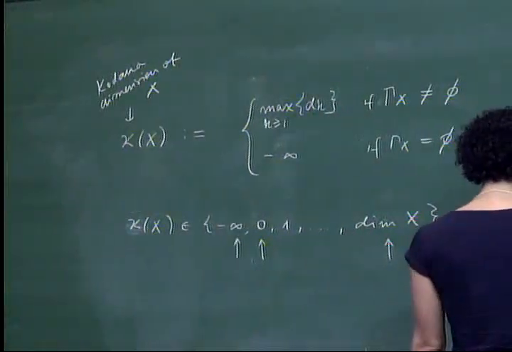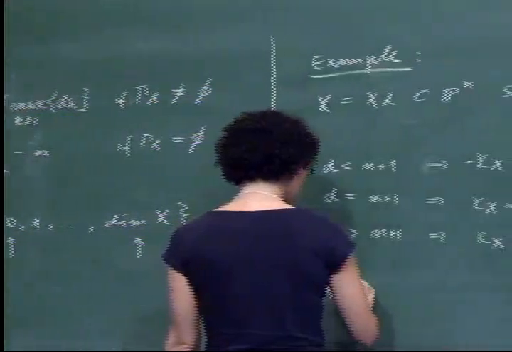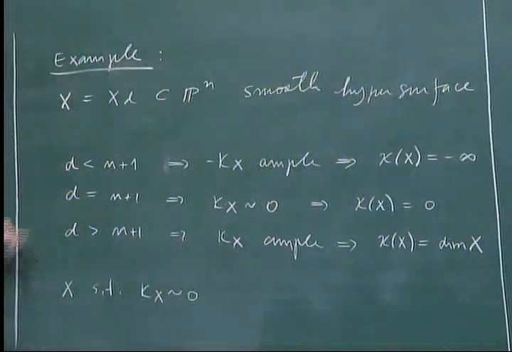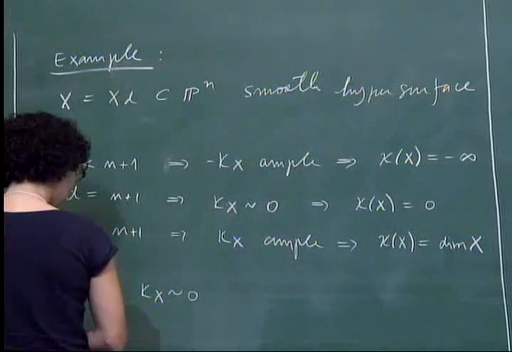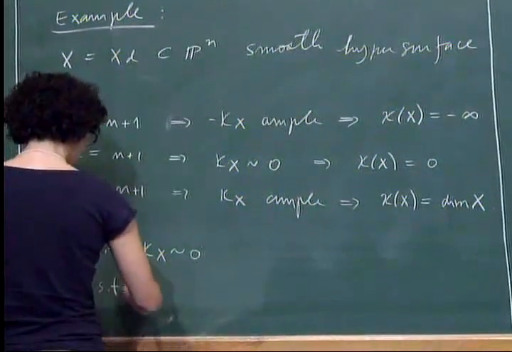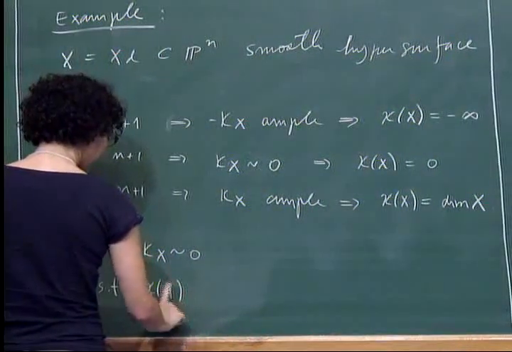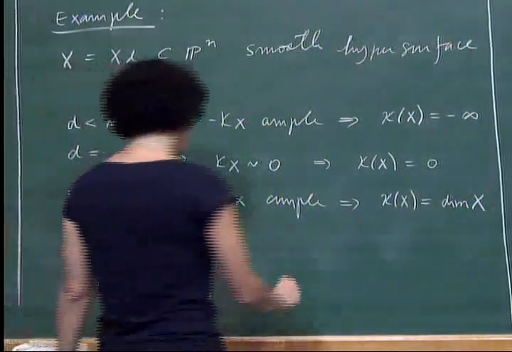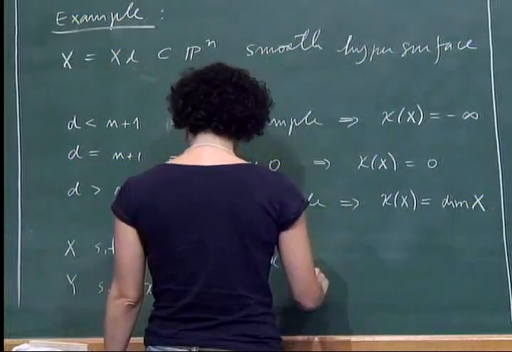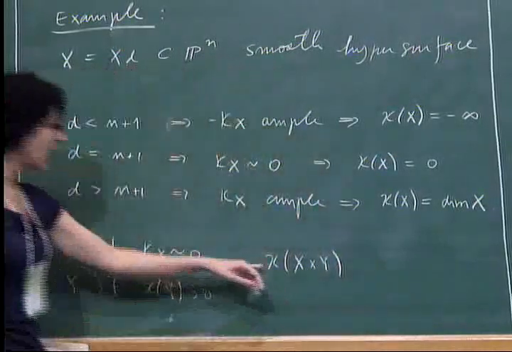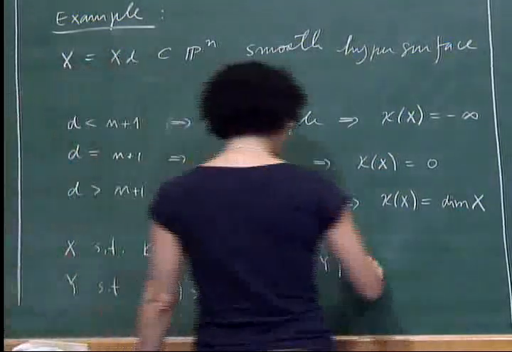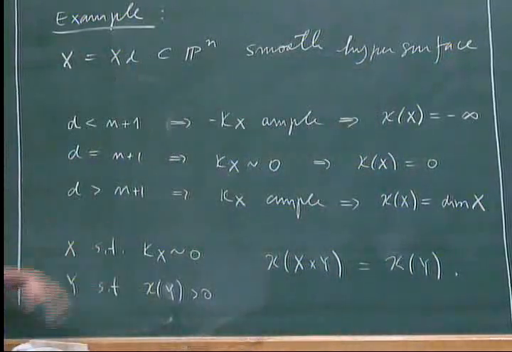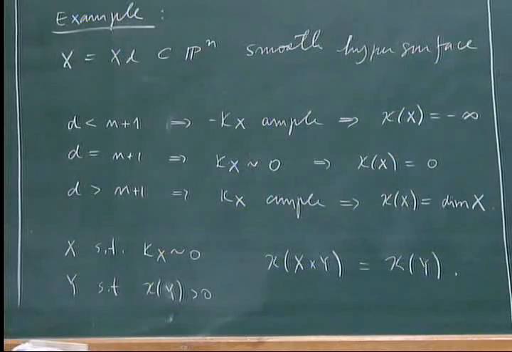So for instance, if I take X such that the canonical class is trivial, well, it's enough to take a hypersurface of this type, and if I take Y of Kodaira dimension, say, positive, for instance, I can take one of these hypersurfaces, then I can consider the product, and it's actually not hard to see that the Kodaira dimension of the product will be equal to the Kodaira dimension of Y. So this way I can produce all the intermediate values for the Kodaira dimension.